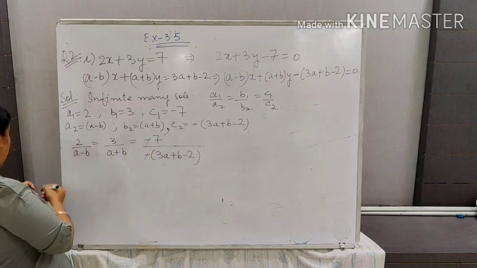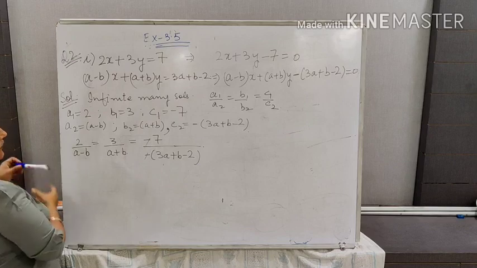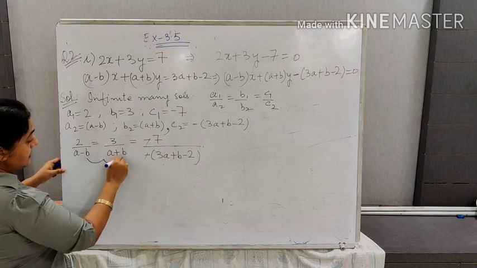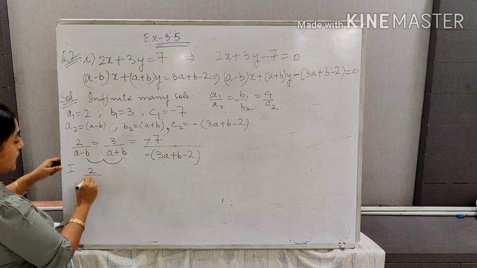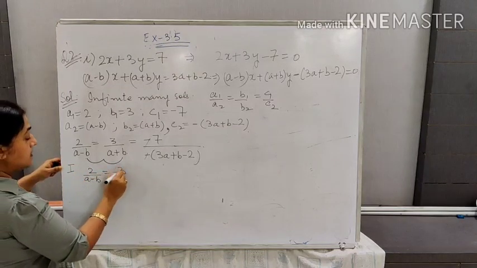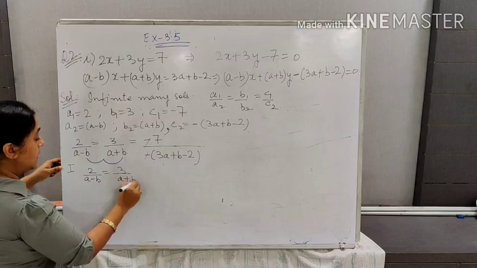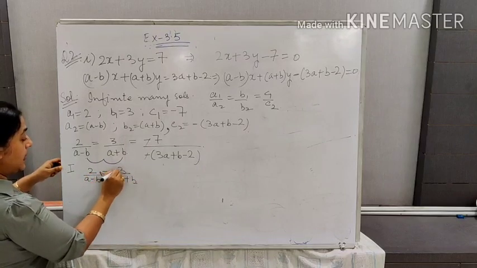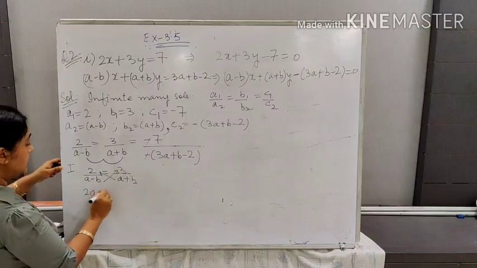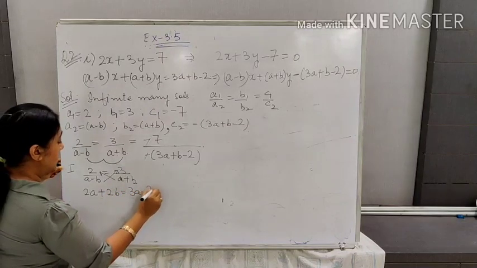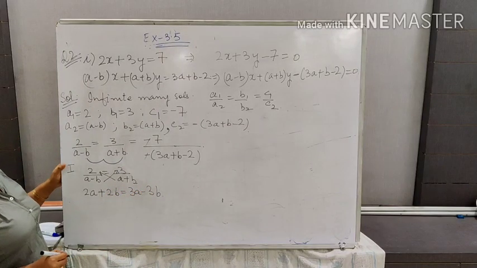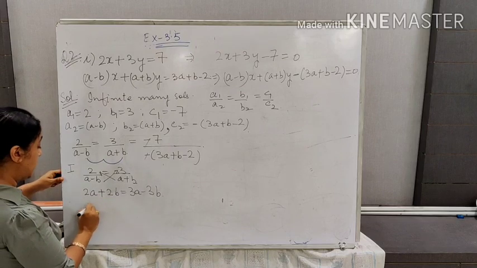Now there are two sets of conditions. One is this. Out of this, what will I get? 2 upon a minus b is 3 upon a plus b. You will cross multiply this. You will get 2a plus 2b is 3a minus 3b. Got it? Now you will solve it.